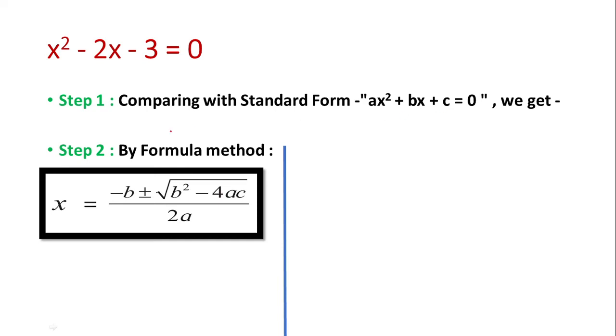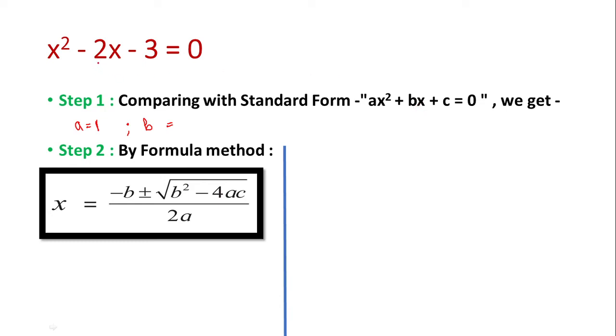And how do we do it? By comparing with the standard form ax square plus bx plus c equals 0. A is the coefficient of x square. So here the coefficient of x square is nothing, which means we have 1. Then we need to find b. B is the coefficient of x.